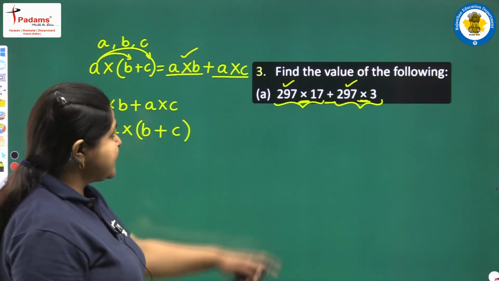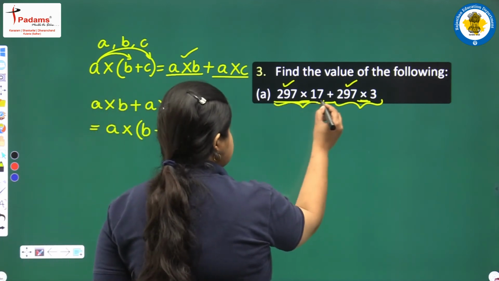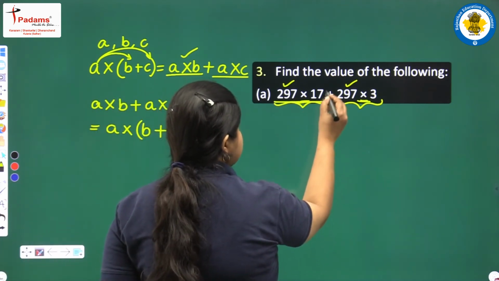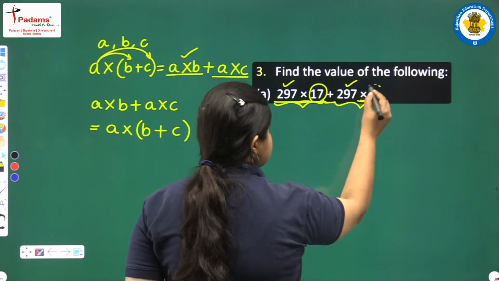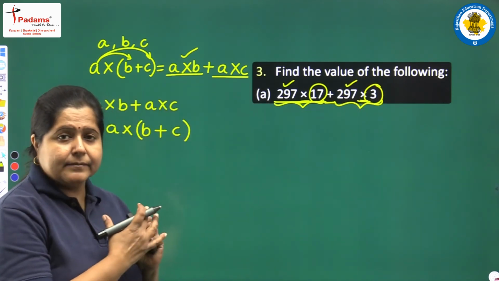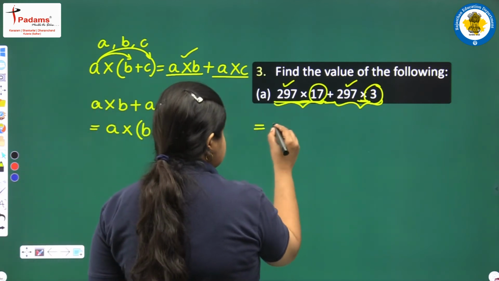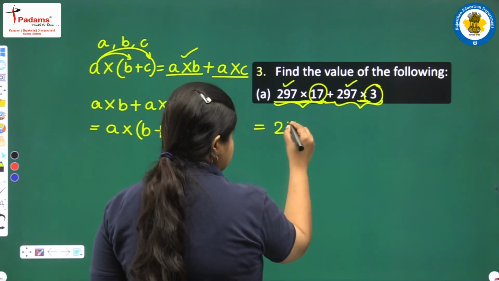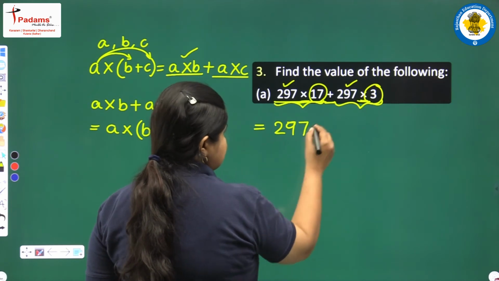Here also you can see that this 297 is distributed to this 17 and it is also distributed to this 3. Now we will collect it back. This means we will take it out as a common number, 297.